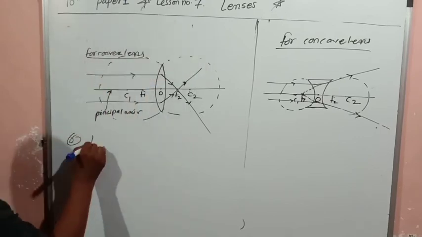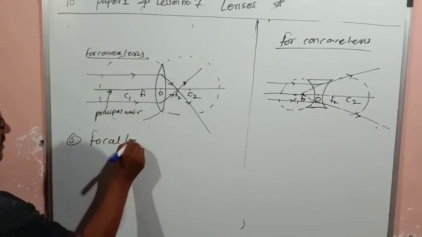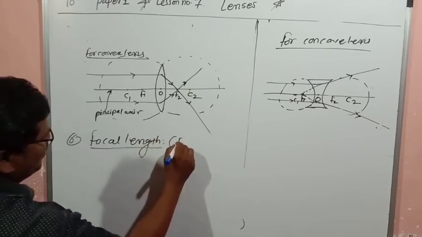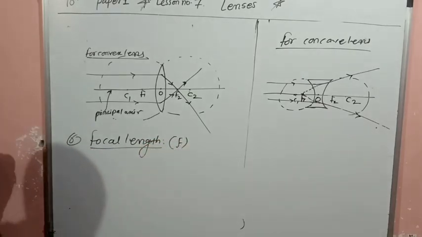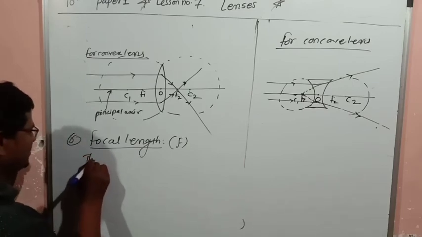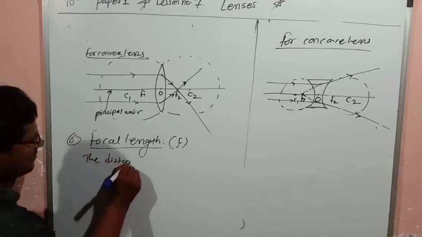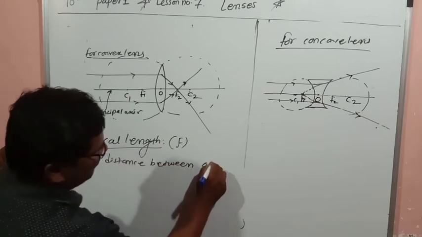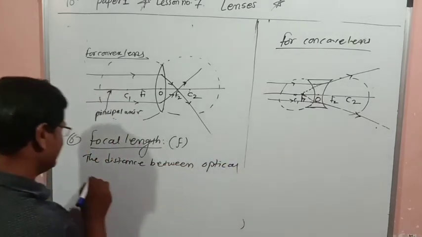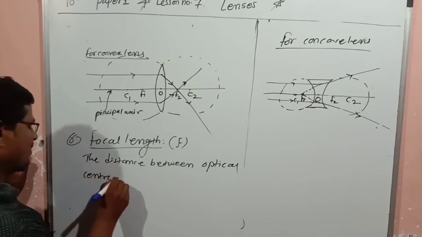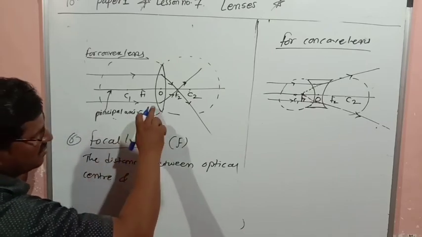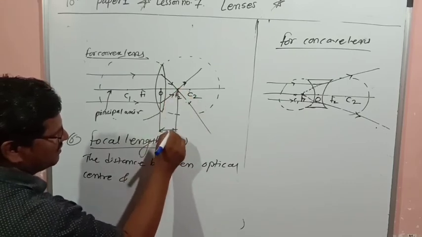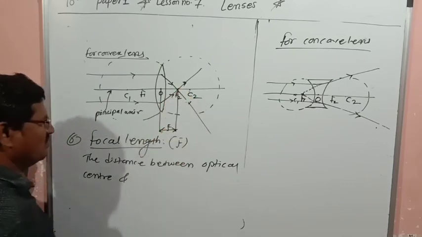So the next term is focal length. The sixth term is focal length, and it is denoted by small letter f. The distance between the optical center and the focus, this distance, is called the focal length.